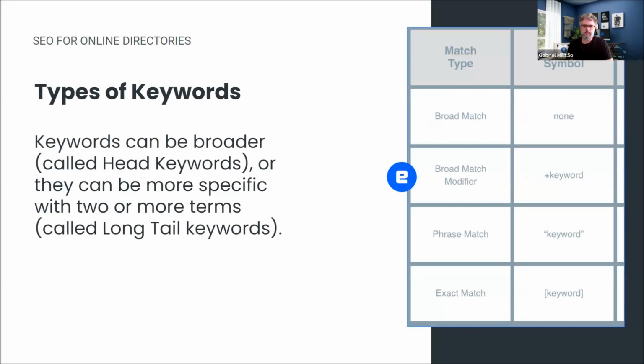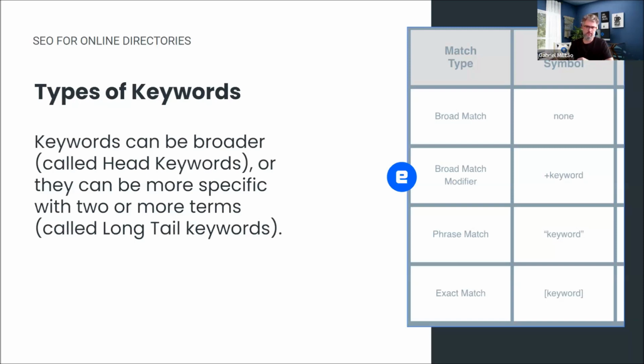The types of keywords that are most known now are short tail keywords, long tail keywords, and also geo-target keywords. Short tail keywords are broad search terms that typically consist of one or two words. That includes shoes or cars or pizza, just a generic word that people look for on a search engine.